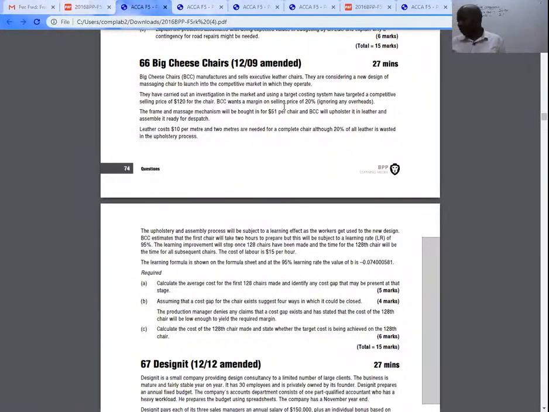And then we continue. We are told leather costs 10 per meter and 2 meters are needed for a complete chair, although there is wastage of 20%. Whenever there is wastage, so many students will not be able to handle it very well. So we have leather. 2 meters are needed, but remember these 2 meters are net. So I have to gross up.